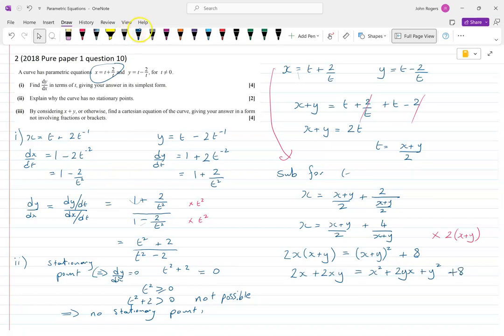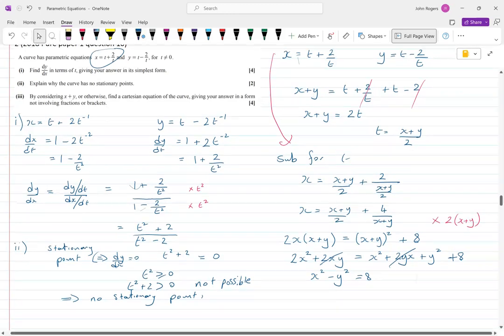The 2xy occurs on both sides, so that cancels. Oh, and I've forgotten the 2x squared there, obviously. But that bit cancels. So what I get if I take the x squared and the y squared over, I get x squared minus y squared equals 8.